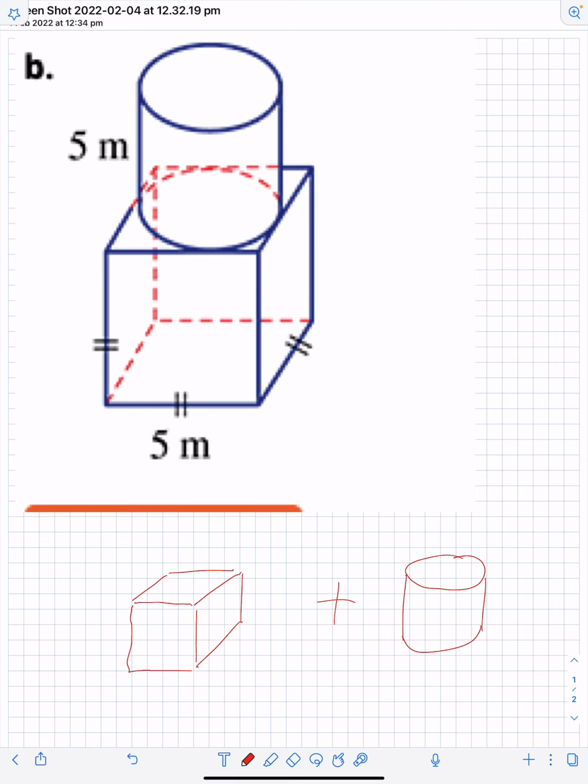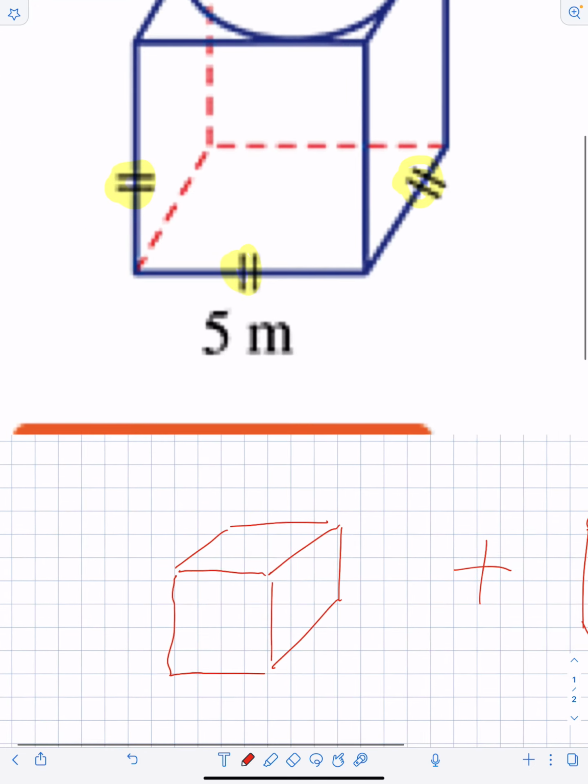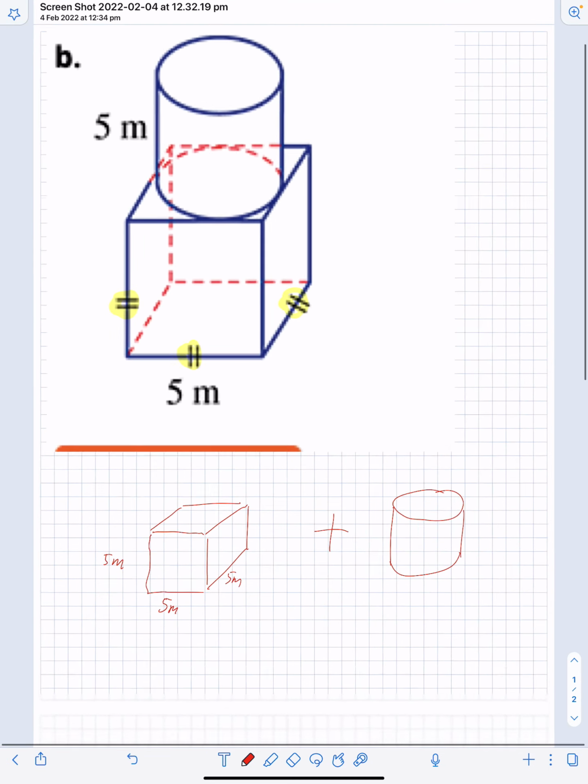All right? So, to find the volume of the cube, what you can see is when I highlight in yellow, you can see those little lines there. So that shows they're all the same length. And so what this means is it's 5 meters this way, 5 meters, 5 meters.